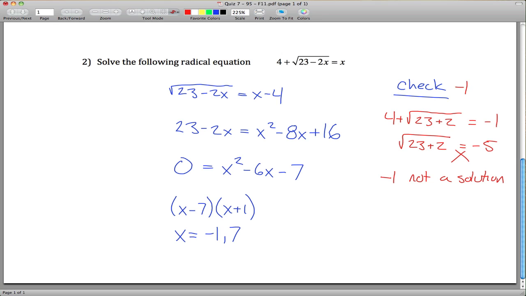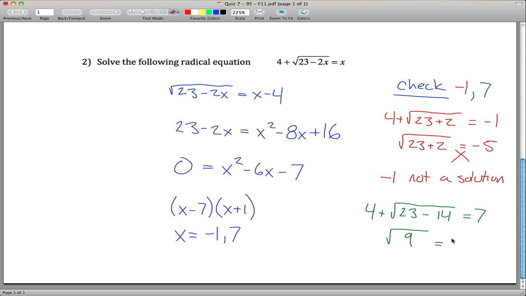So now, what color have I not used? Green. Maybe we'll check 7. Hopefully that's a solution. So what would we get there? 4 plus the square root of 23 minus 14 equals 7, question mark. If you plug in 7 for all the x's, subtract 4 from both sides, you'll get 23 minus 14 is what, the square root of 9?